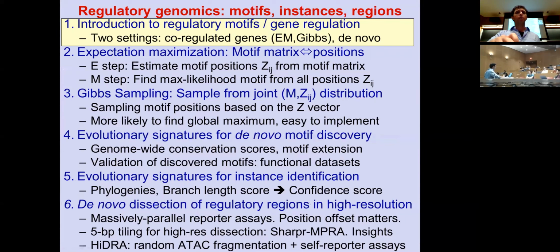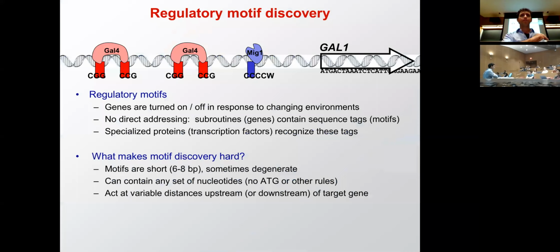And then number 6, we're going to be talking about how we discover these motifs in larger regions. How do we use experimental techniques in extremely high throughput for dissecting the functional nucleotides within larger regions? Ready with me? All right.